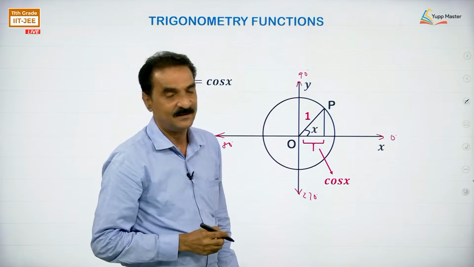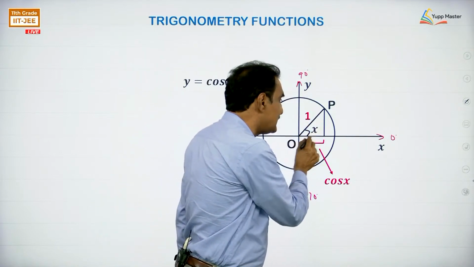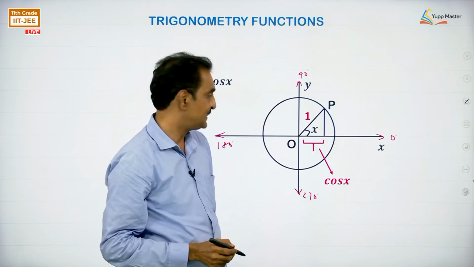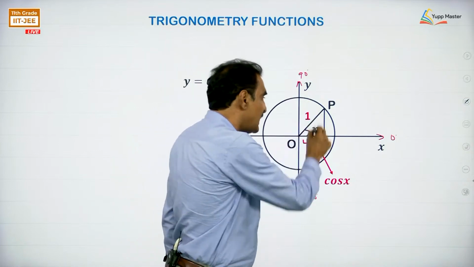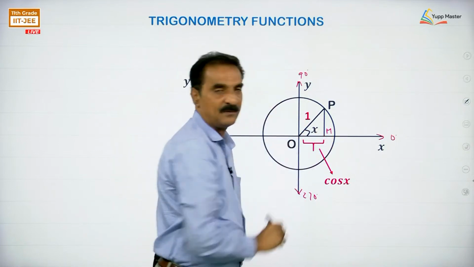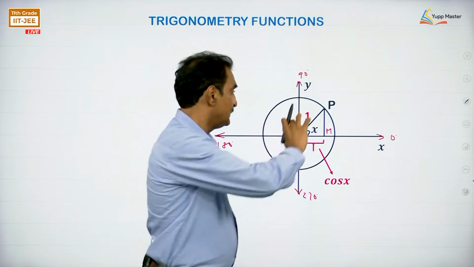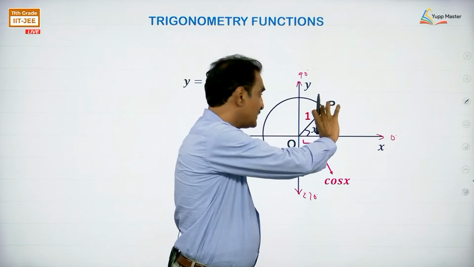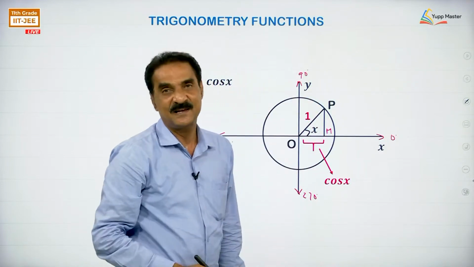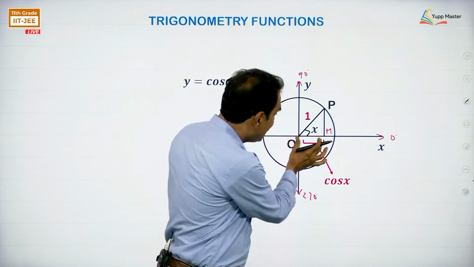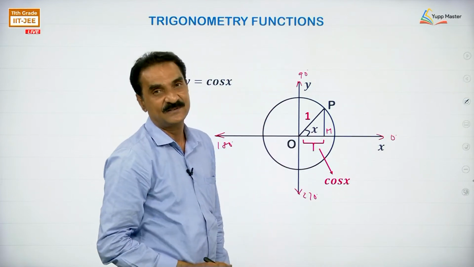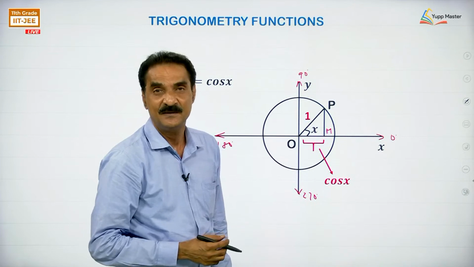P is on the circle. OP makes an angle x with the x axis. Then draw a perpendicular PM on the x axis. In the previous function, PM is denoted by sin x. This time, this adjacent side OM is cos x. This is how we represent it geometrically.